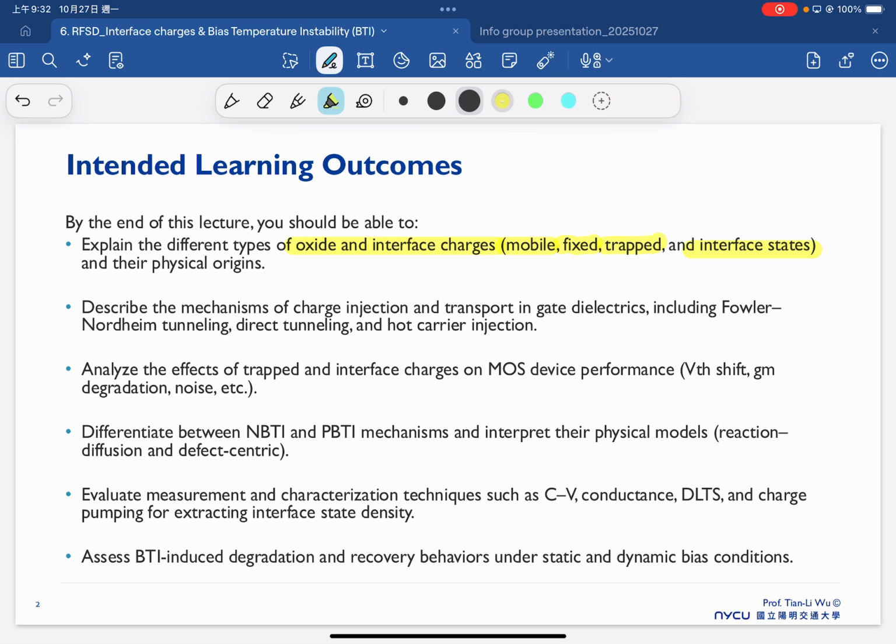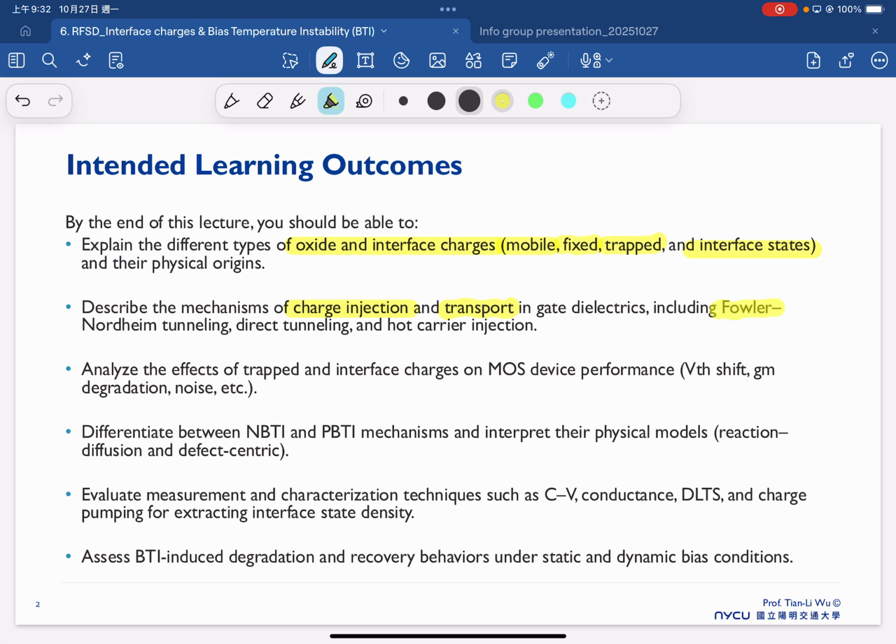For sure, we have to understand how charge can be injected and transported in the dielectric. There are several very well known charge transport mechanisms.